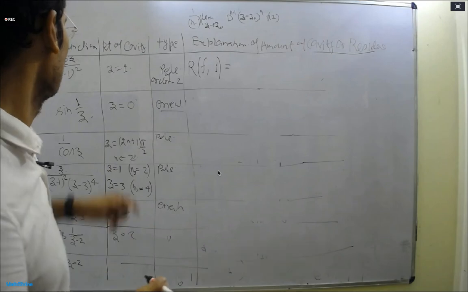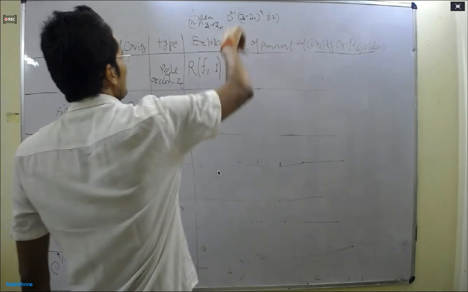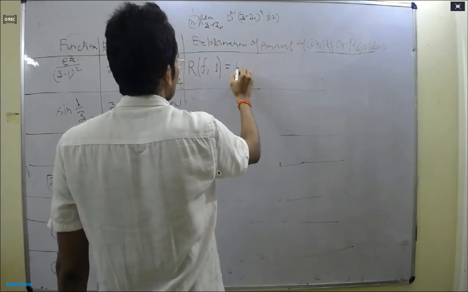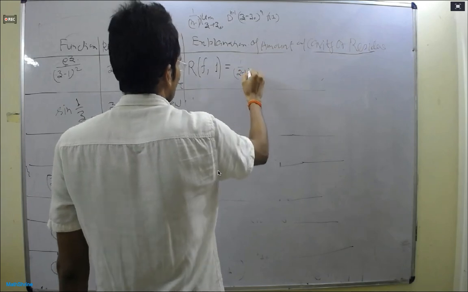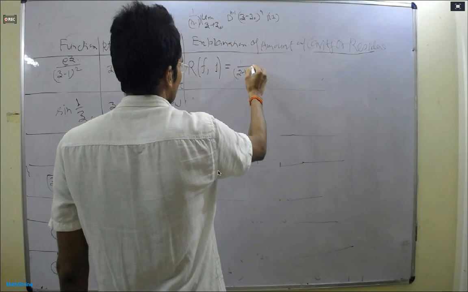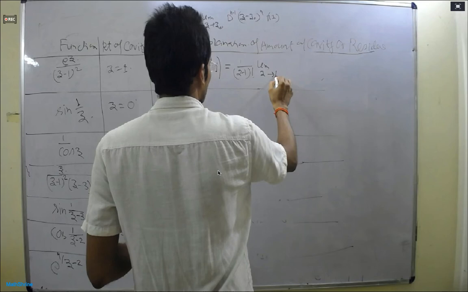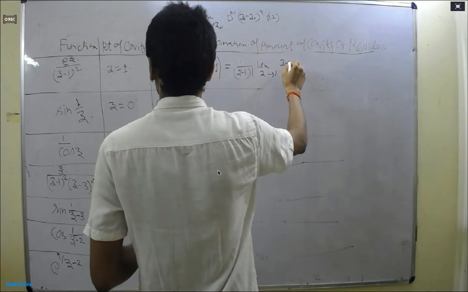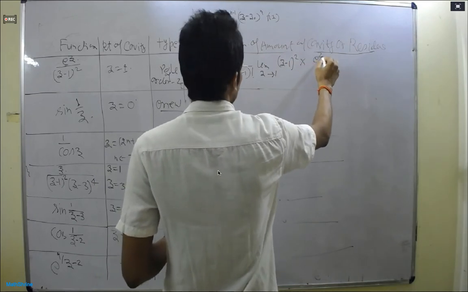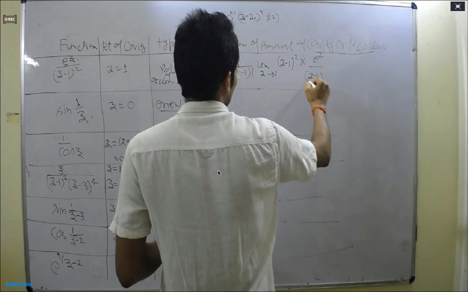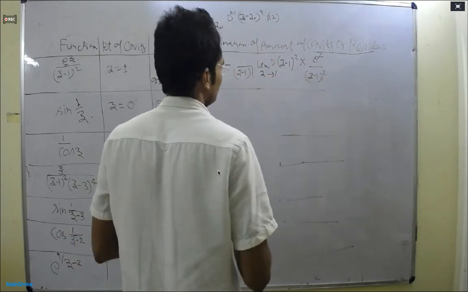Put here, so this will be 1 upon 2 minus 1 factorial, and then limit z tending to 1, z minus 1 raised to the power 2 into the function e raised to the power z upon z minus 1 whole square.